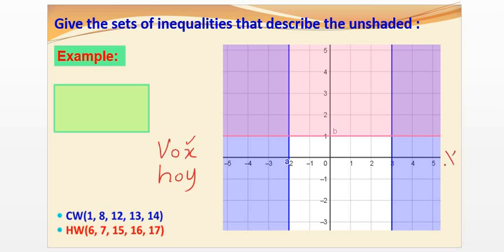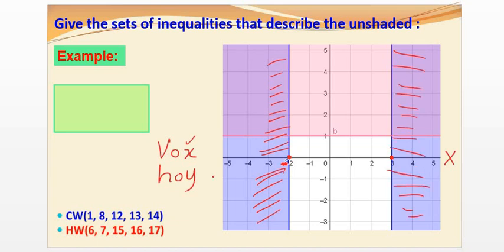So this is the x-axis line, and what are the numbers that have the vertical solid line? This number is -2, and here we have another number, it's +3. So it means between -2 and 3, this area is unshaded, and the regions on the sides of these two lines are shaded, right? So how will I write the inequality now?